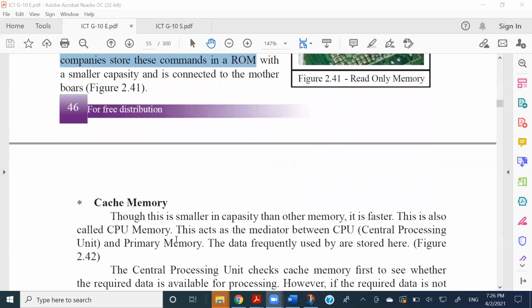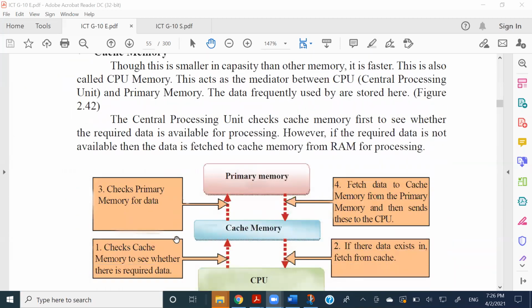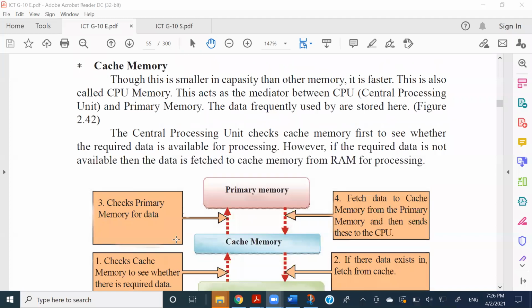So the next one is the cache memory. Now this cache memory is a very special memory, right? Now, if you ask me where the cache memory is in a modern computer, cache memory stays inside the CPU. In other words, central processing unit or inside the processor.